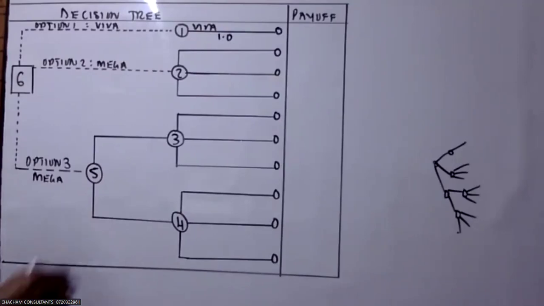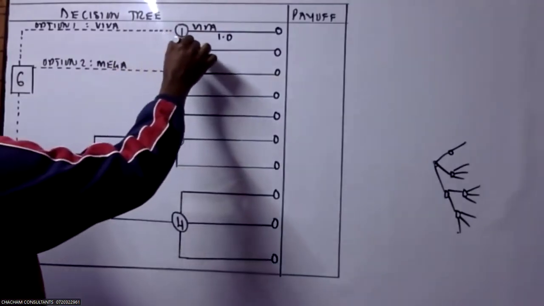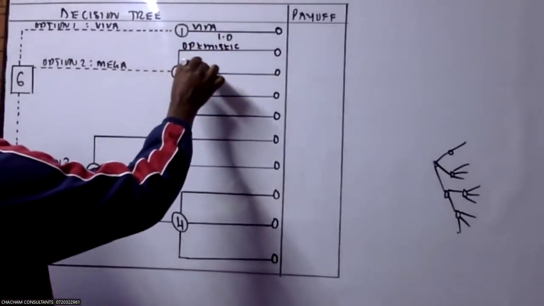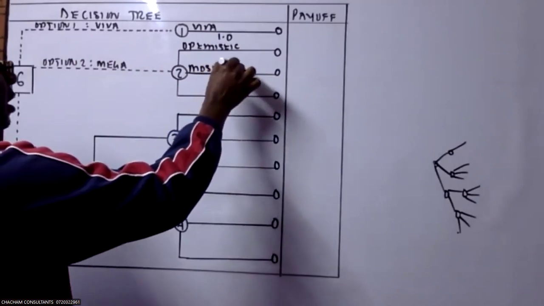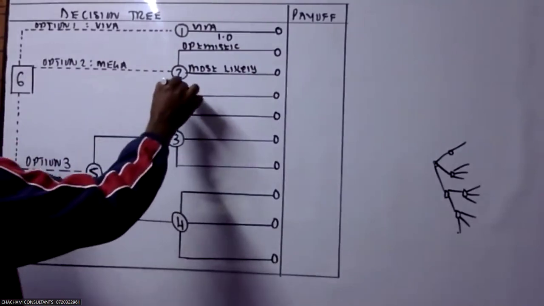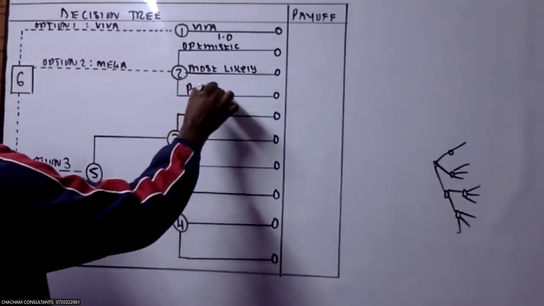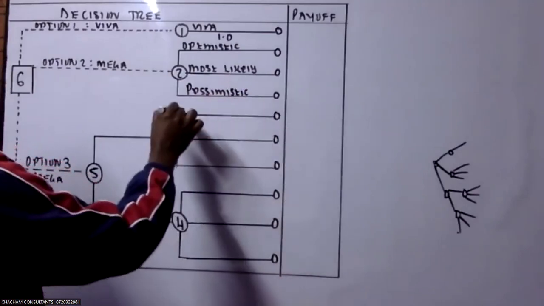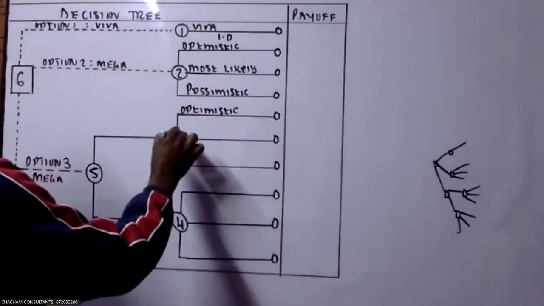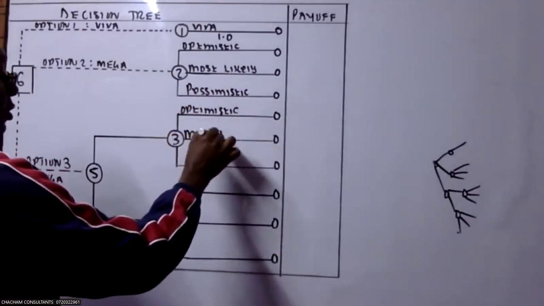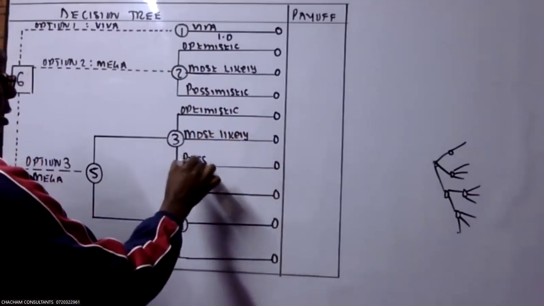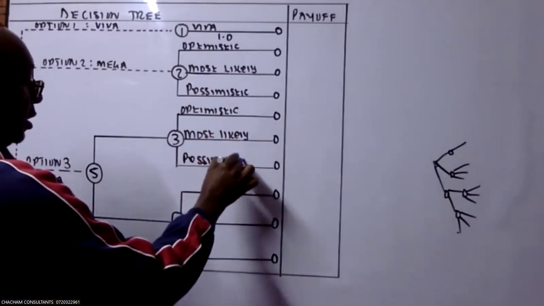Then option 2, we have optimistic, most likely, pessimistic. We have optimistic, most likely, pessimistic.